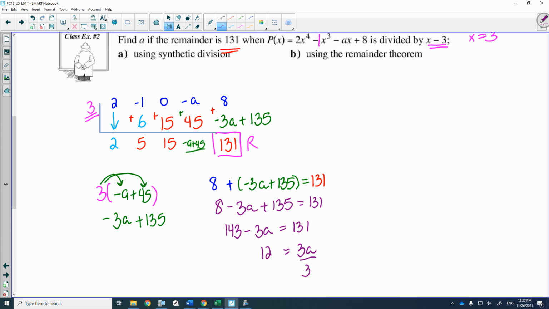Isolate a by dividing by 3, and your a value is going to be 4. It's a lot of work. If we were doing a question that required this much work, you would want to make sure by verifying that you did this correctly. How would you verify that? How you'd verify that is if we think that a is 4, we could do a few different things. I could put the 4 here.